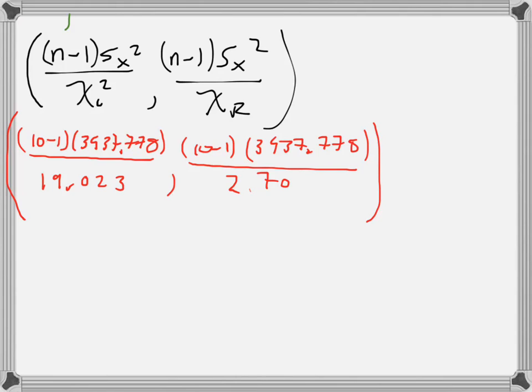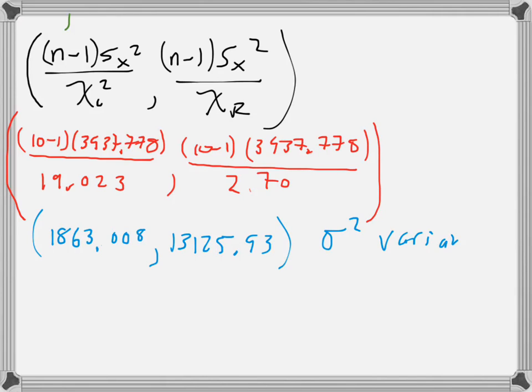I'm just going to pause the video myself and put these numbers in the calculator and magically get my answers. Okay, so on the left I got 1863.008, and on the right I got 13125.93. Now this is again for the variance sigma squared. So you might be looking at these numbers and going, wow, these are big numbers, right?